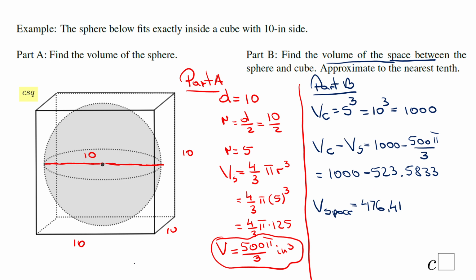Nearest tenth, so we're going to stay with 476.4 cubic inches. Okay, this is the space between.